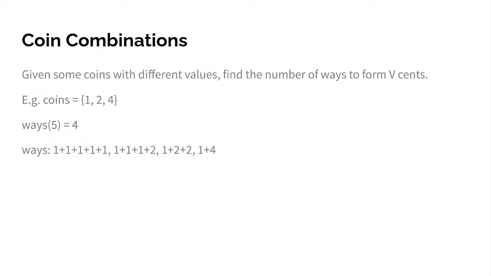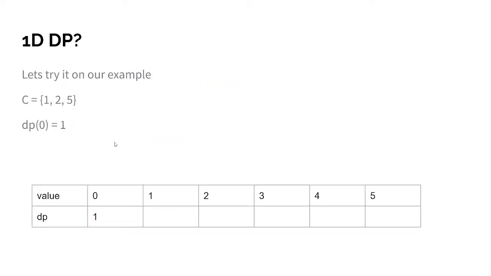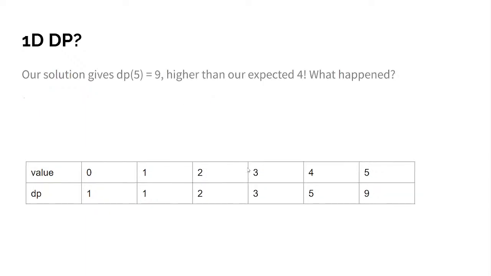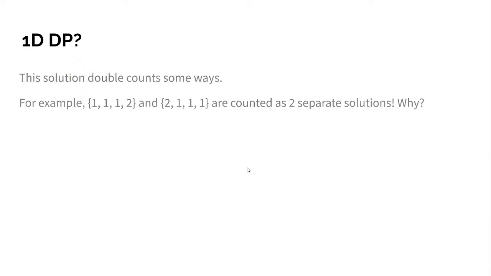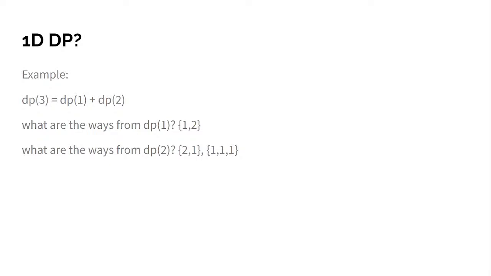So this means that our previous DP can't work, because our previous DP, the staircase method, just doesn't work. Our previous method was basically for all the possible coin values, we just go back.